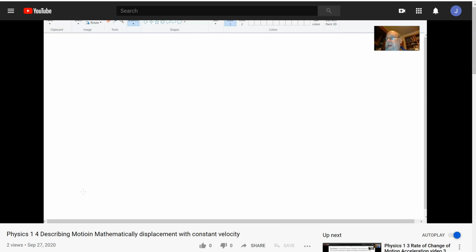But anyway, we designed several formulas for certain circumstances. My favorite one is where we don't have time. We're not given time, and we have to use the final velocity with constant acceleration formula without time to solve problems. So we create these formulas with different goals in mind.